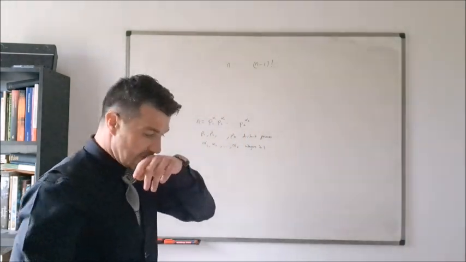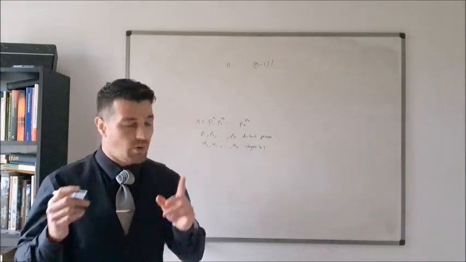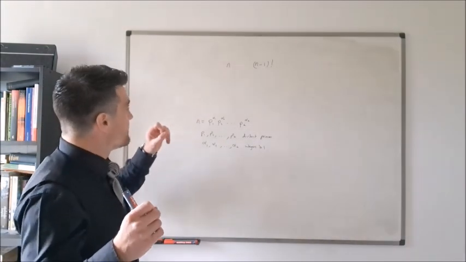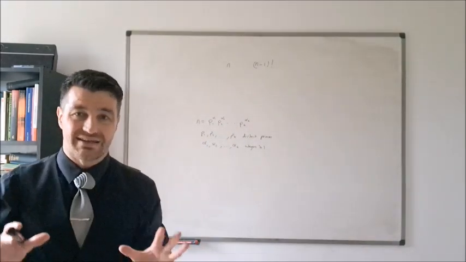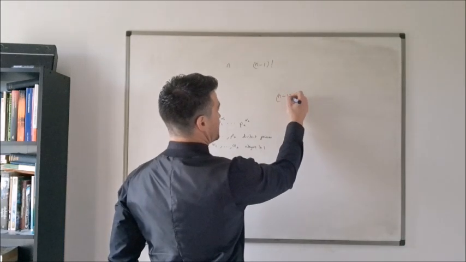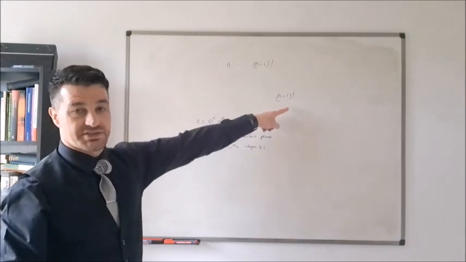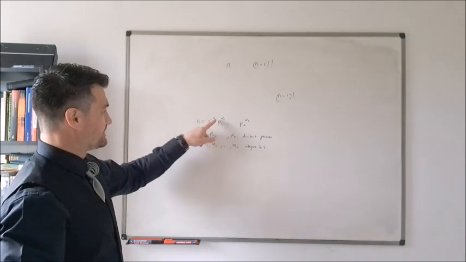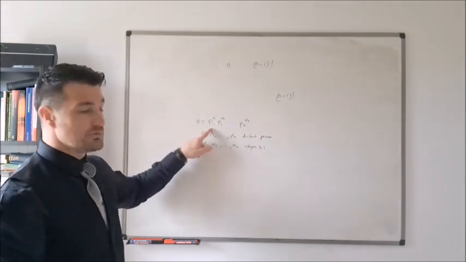Right, so something else that I thought about then is, if n is going to divide n-1 factorial, what must be in n-1 factorial? For n to divide this, there must be alpha 1 factors of p1.